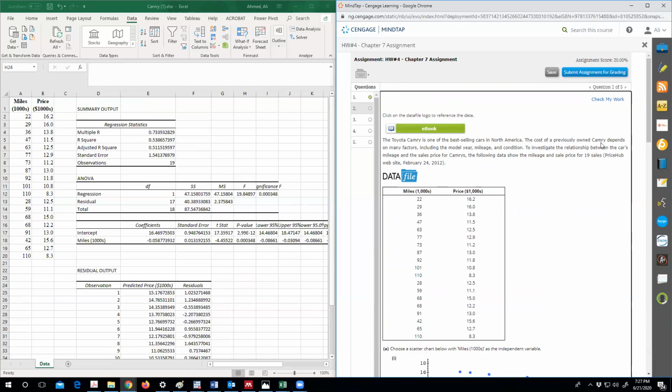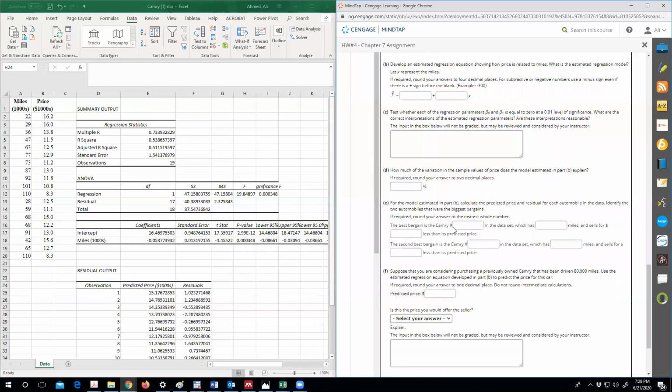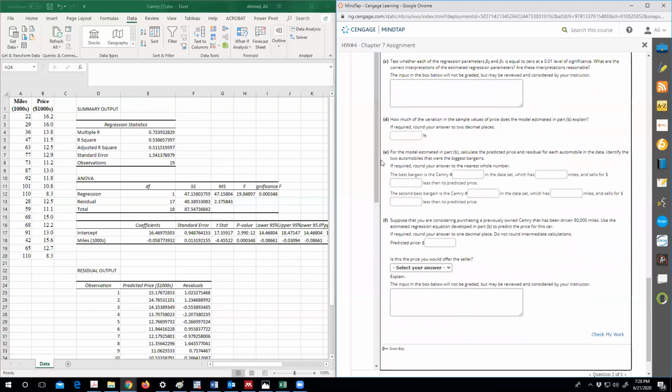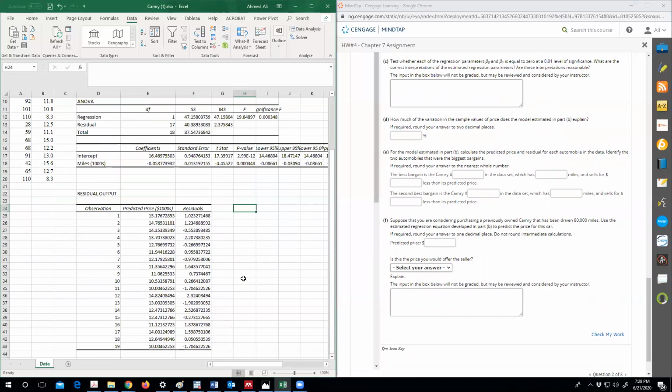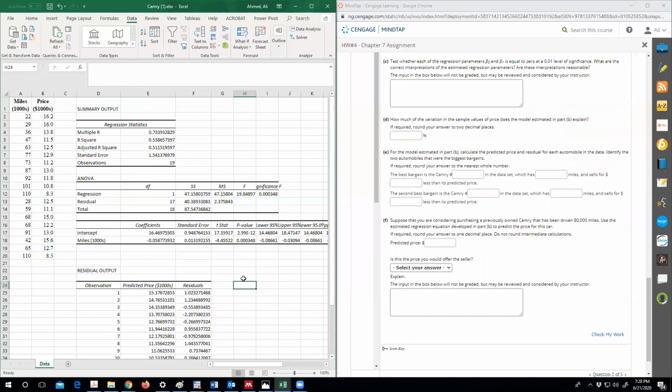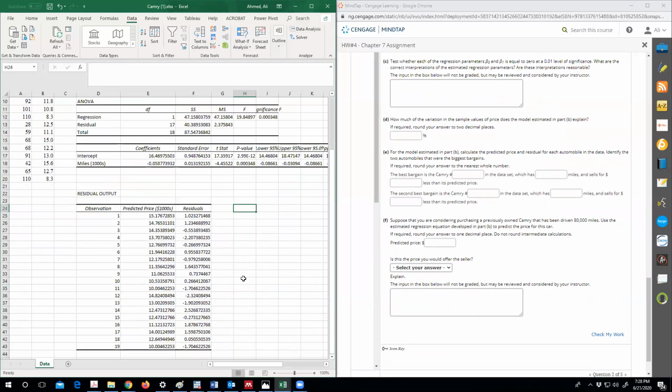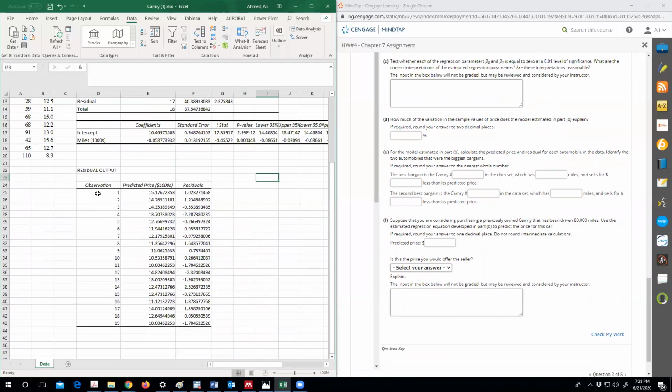All right, so I think what they want is the best bargain. Here, if you can see, these are all the 19 observations.